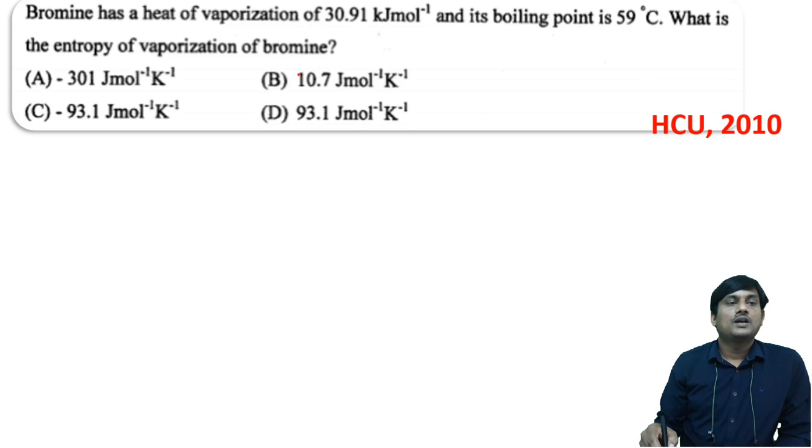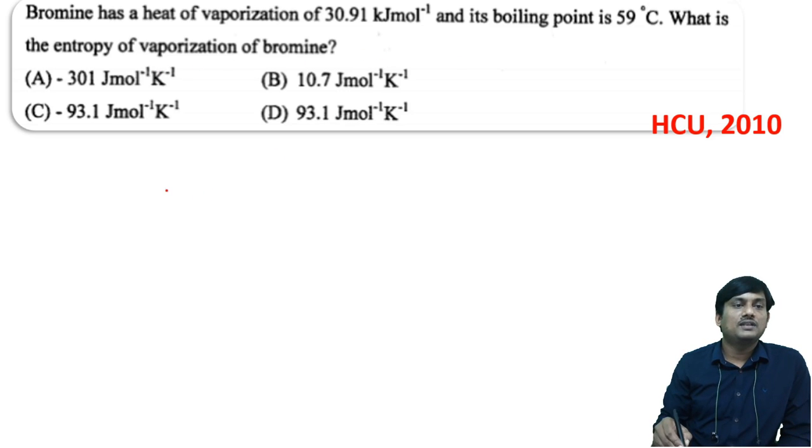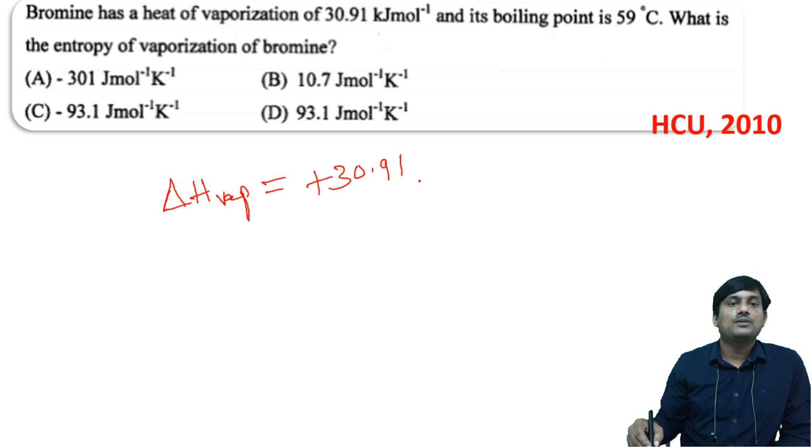Bromine has a heat of vaporization of 30.91 kilojoule per mole, and its boiling point is 59 degrees centigrade. What is the entropy of vaporization of bromine? Delta H vaporization is given. It's endothermic, plus 30.91 kilojoule per mole.